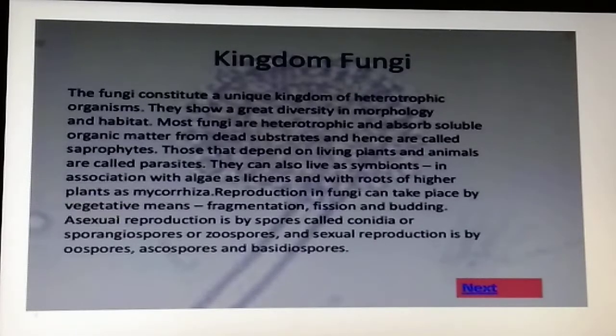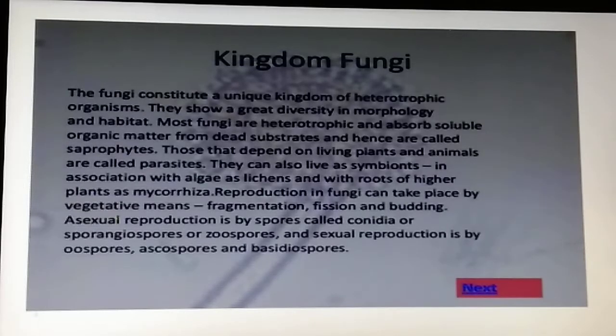Students, those that depend on living plants and animals are called parasites. They can also live as symbionts in association with algae as lichens and with the roots of higher plants as mycorrhiza.